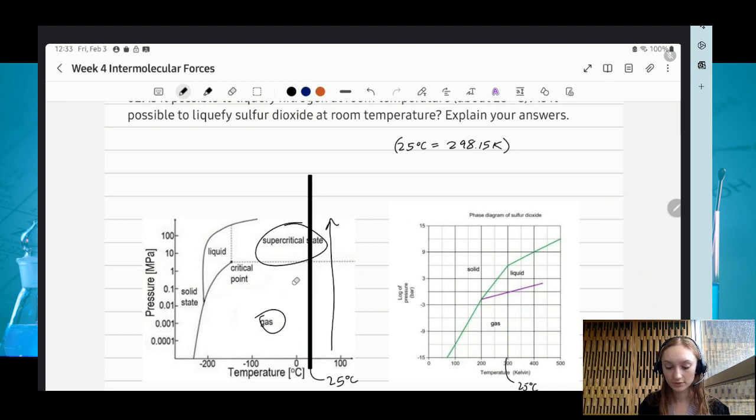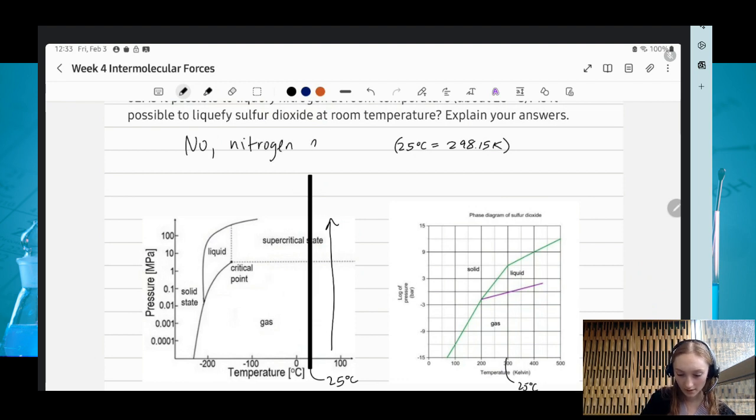So it is not able to reach the liquid stage, even if you increase the pressure to exceeding values. So no, nitrogen cannot liquefy at room temp.